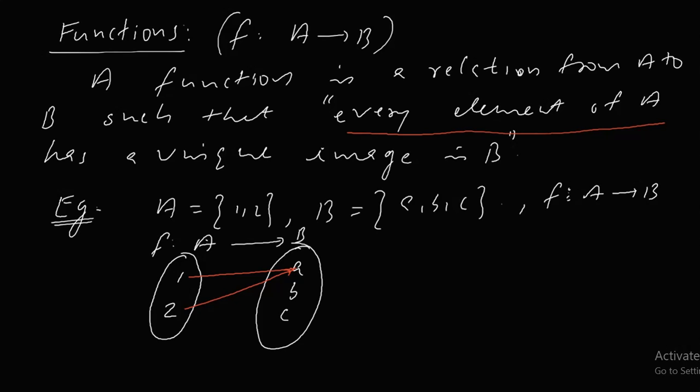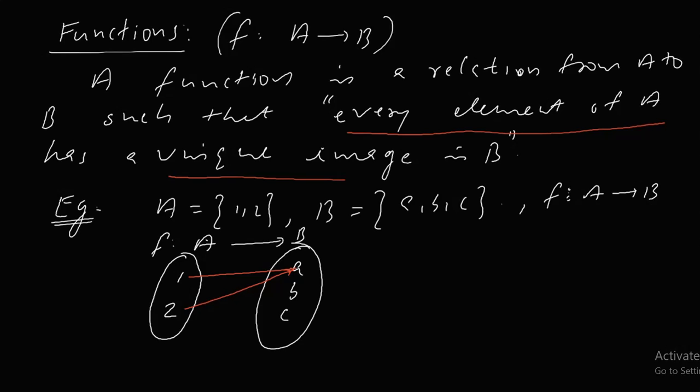And check that these two conditions are satisfied. Yes, every element has an image: 1 has an image a and 2 has an image a. So the first condition is satisfied. Now let's see the unique image. Every element has a unique image. One has only one image a, and 2 also has one image a.